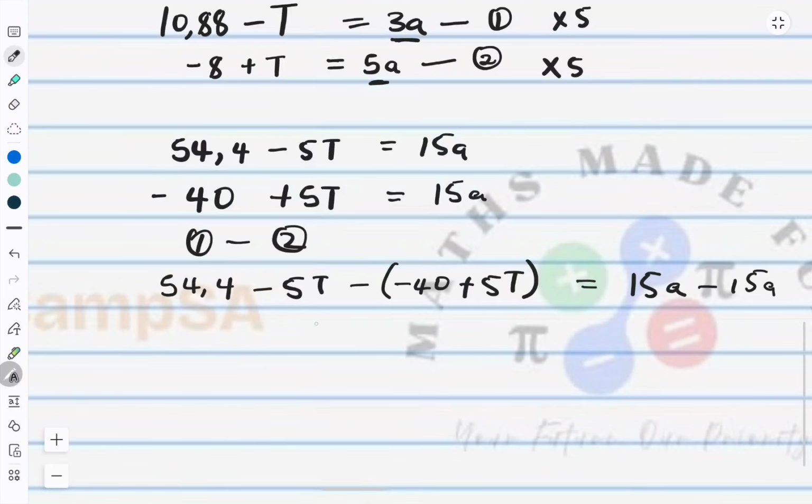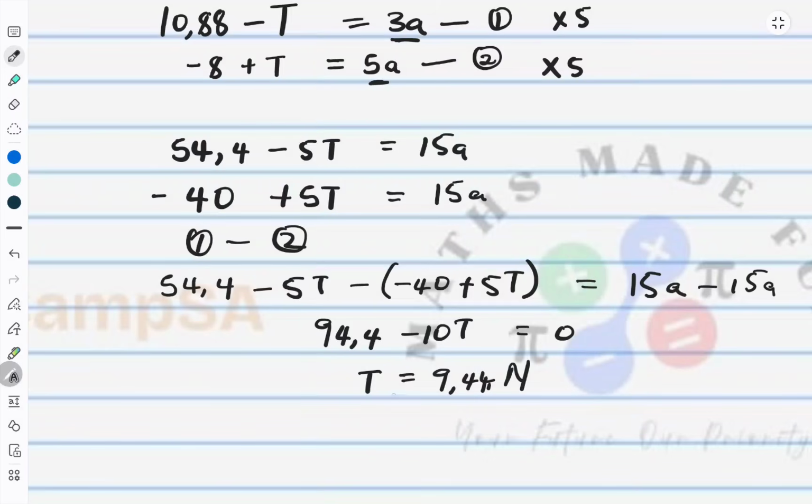So if you solve, you'll notice that T will be something like 9 point, let's see, 94.4 minus 10T. Yes, if you solve here, you'll get 9.44.